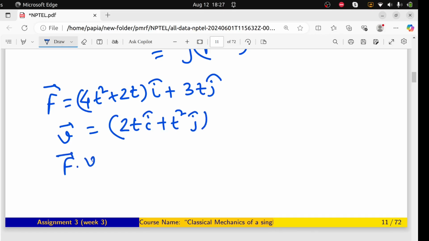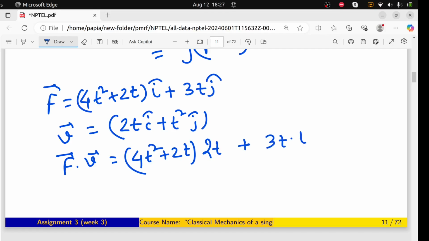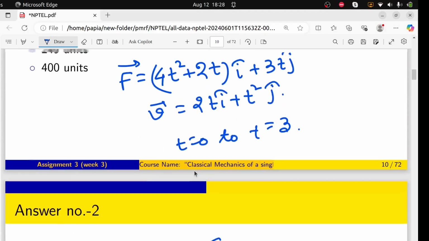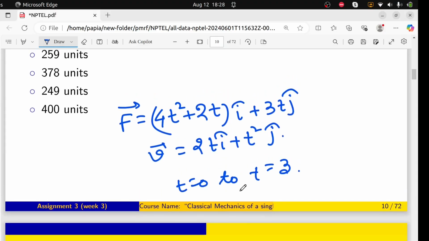So F dot v is (4t square plus 2t) into 2t plus 3t into t square. So it will be like 8t cube plus 4t square plus 3t cube. So 4t square plus 11t cube.